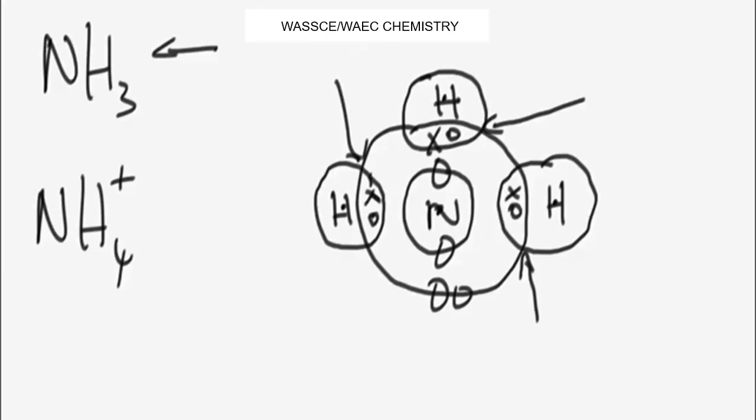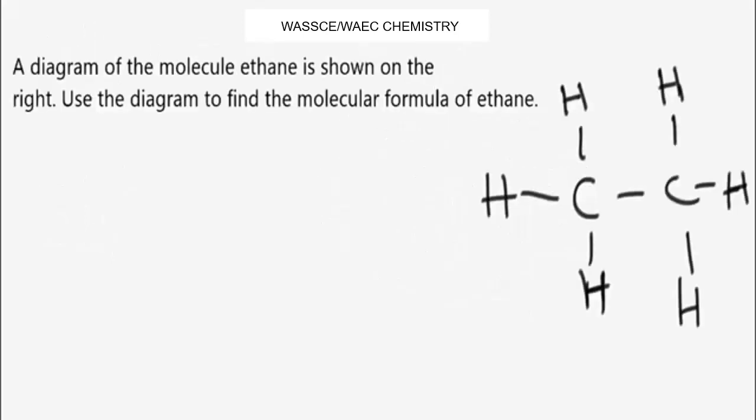Before I call this a class, let's look at how we can use a diagram to find the molecular formula of a covalent compound. So let's wipe this. Now let's look at this question. The question says a diagram of the molecule ethane is shown on the right. Use the diagram to find the molecular formula of ethane.